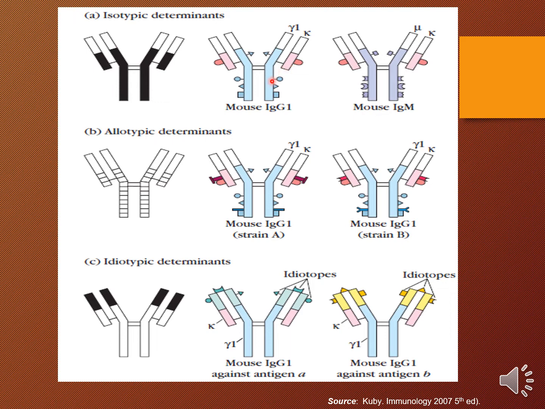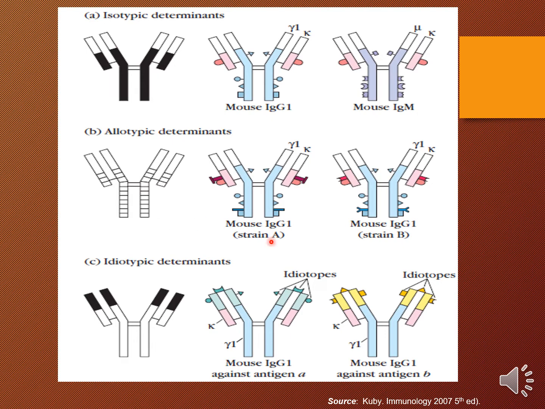Right, so we can see that in the tail part, although they may look the same in the upper part, and even the light chain is the same, the heavy chain in the variable region is different. Okay, but they may differ in the tail part or the Fc region of the molecule.